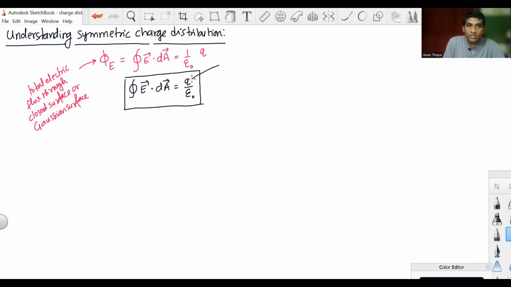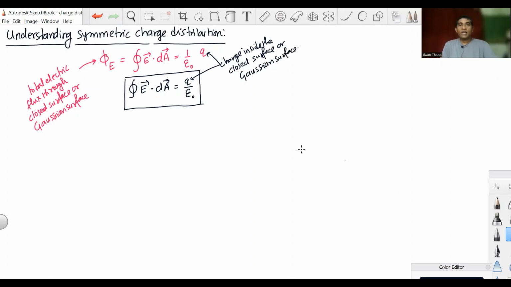So this is the charge inside the closed surface or Gaussian surface.